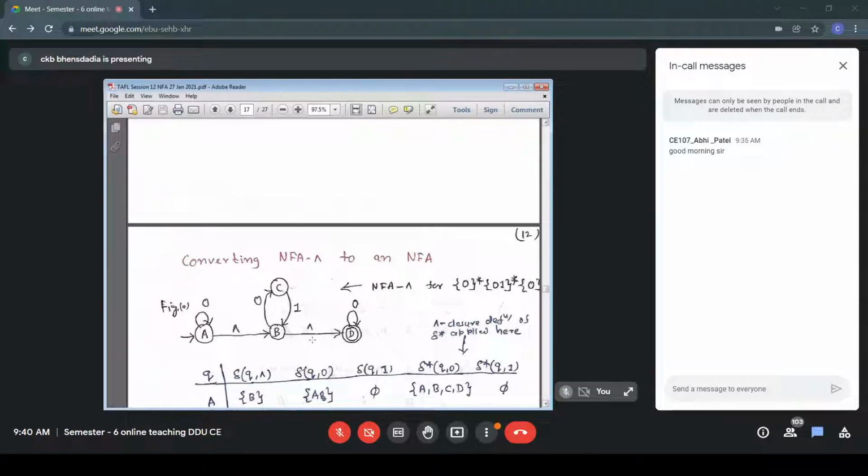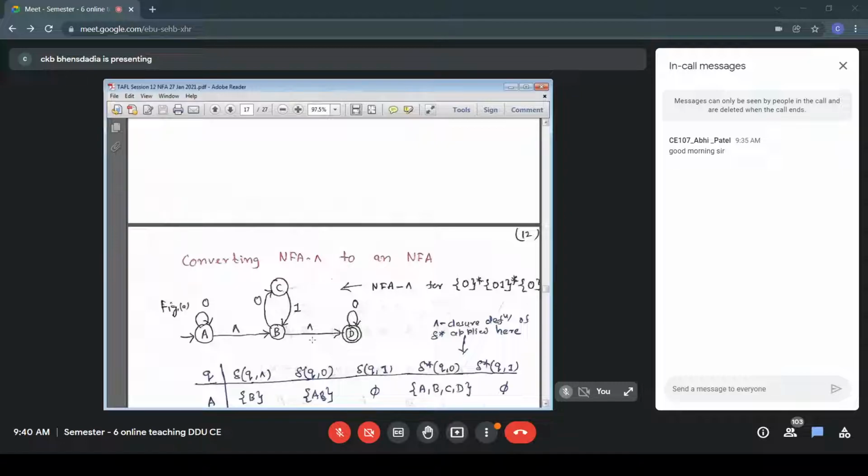First is our state Q. Next 3 columns are delta Q null, delta Q0, delta Q1 based on our state transition diagram, so we don't need to think much. Now we compute delta star Q0, delta star Q1. Actually, it is based on the null closure used in the delta star definition. However, we can also compute that directly.